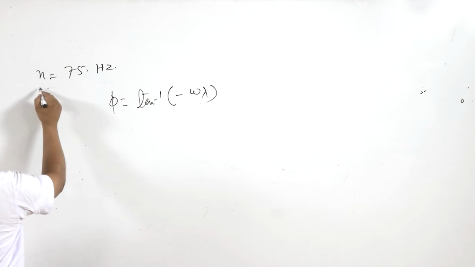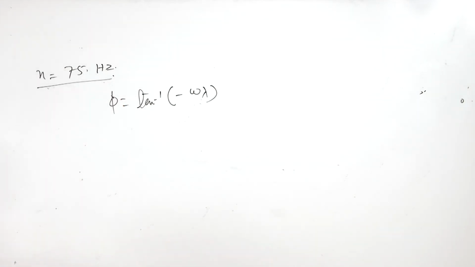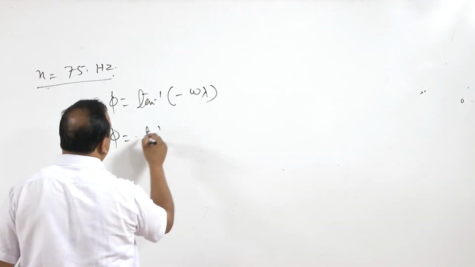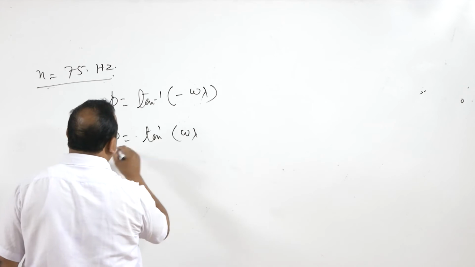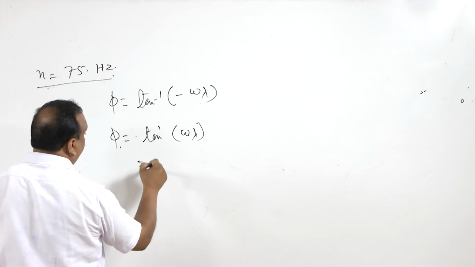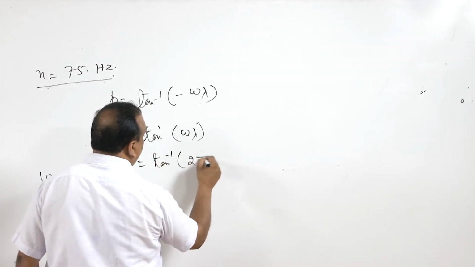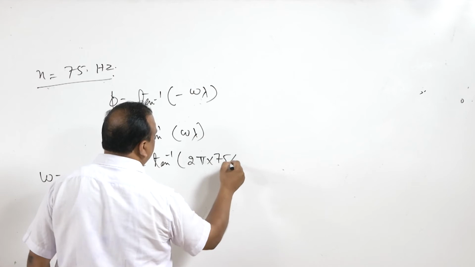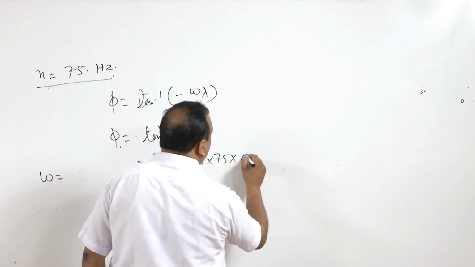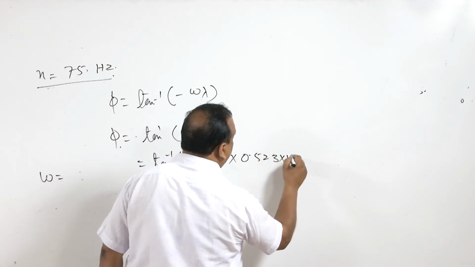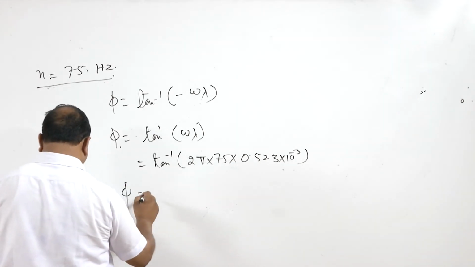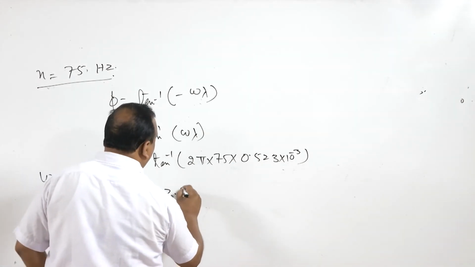For the new imposed frequency of 75 hertz, the phase lag is tan inverse of omega lambda, and omega is 2 pi f, so we calculate tan inverse of 2 pi into 75 into lambda. Lambda we have already calculated: 0.523 into 10 to the power minus 3. For this value, the phase lag comes as 13.84 degrees.